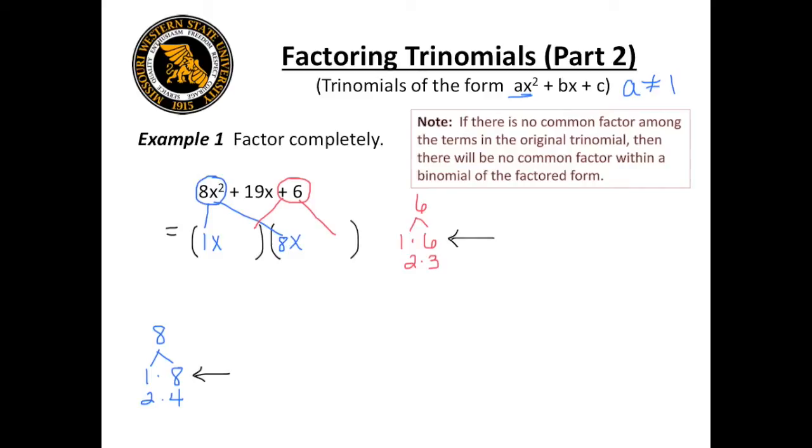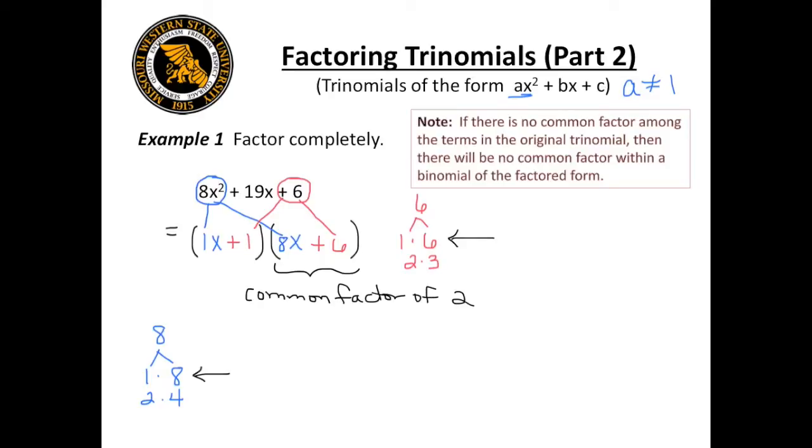Where we place these two factors in our binomials does matter, since 1 and 8 have already been placed into our binomial. So let's suppose that we place plus 1 in the first binomial and plus 6 in the second. I know straight away that there is a problem, because now I notice in the second binomial the two terms have a common factor of 2.